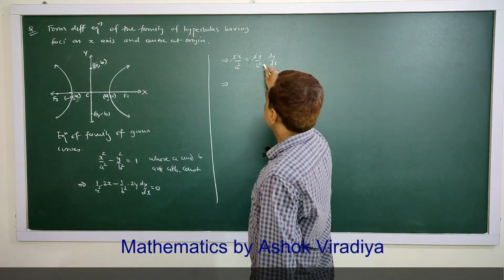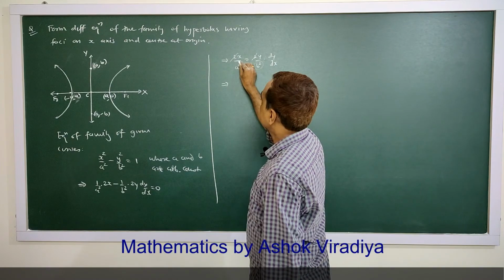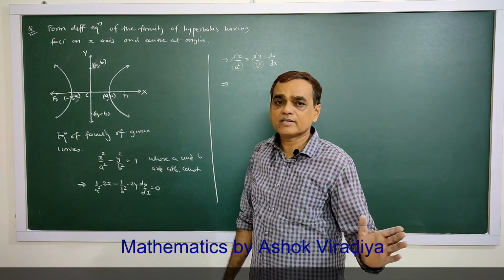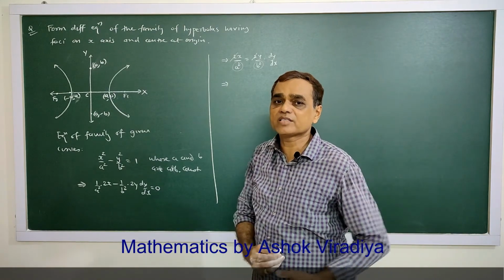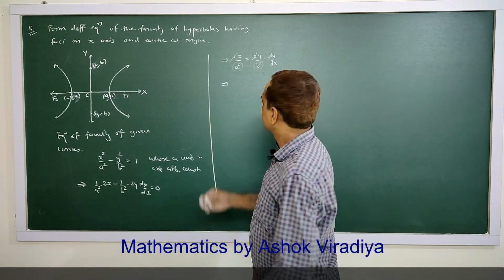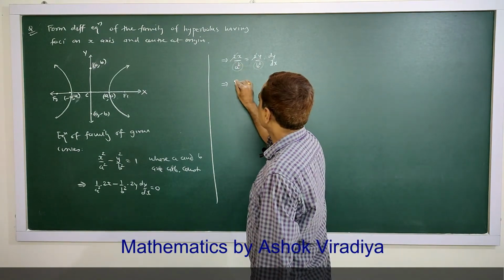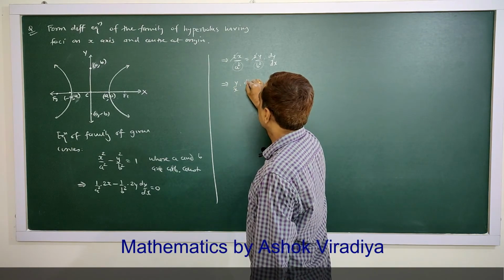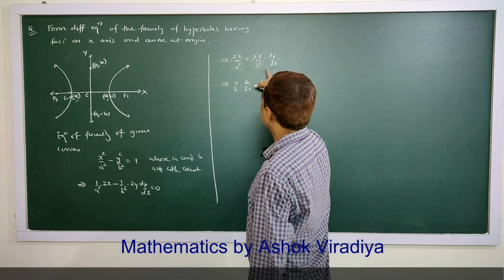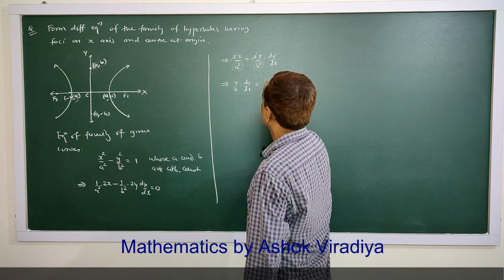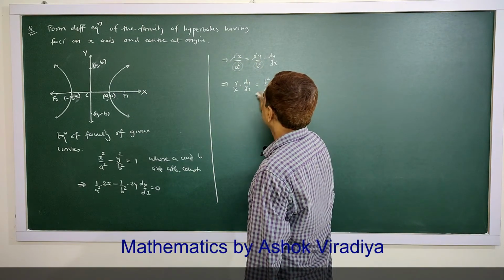Here we can separate these constants alone on one side and all the variable part on the other side. So shifting terms, y by x dy by dx is b square by a square.